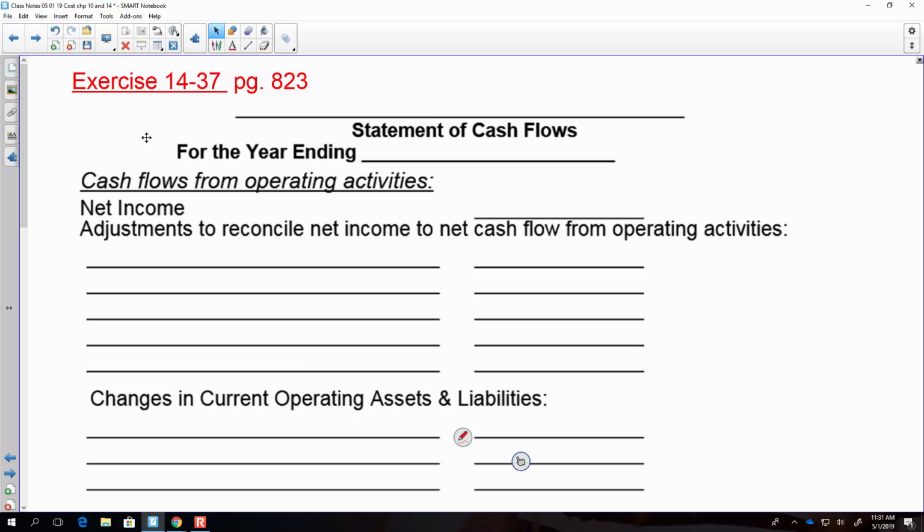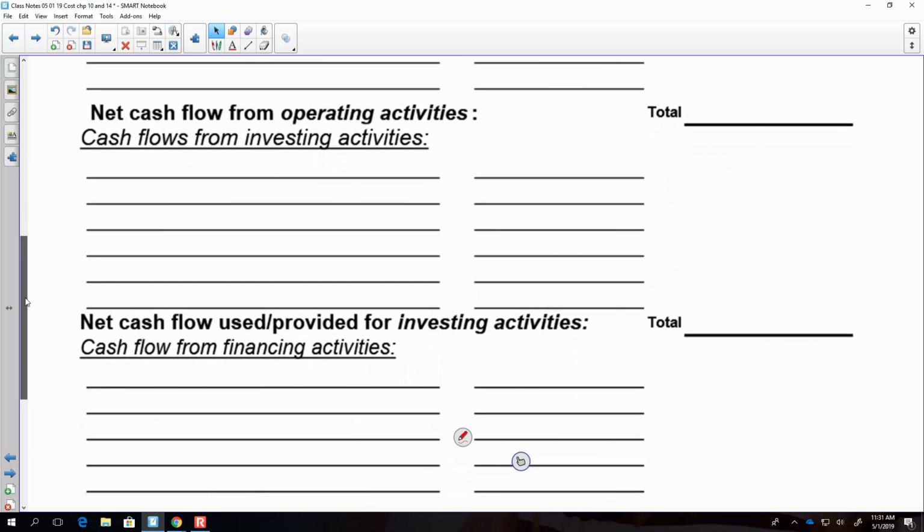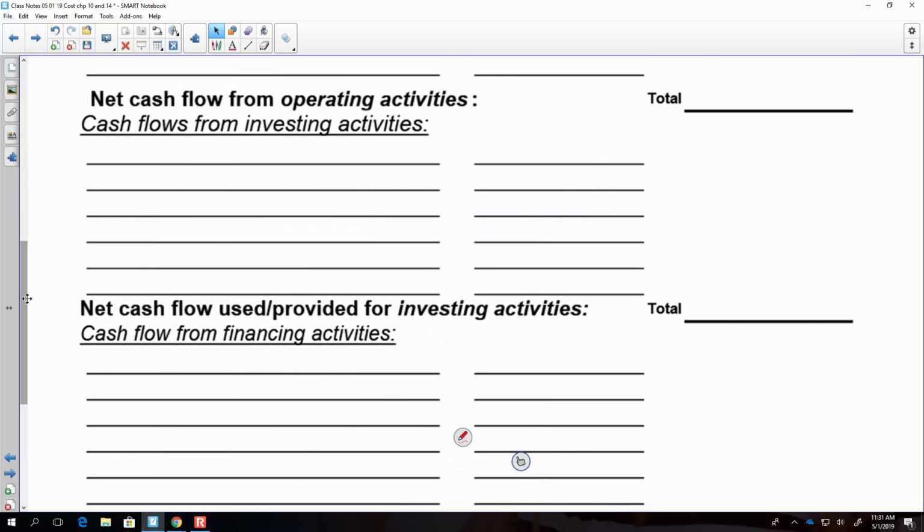Yeah, 37. What we're required to do is prepare the net cash from investing activities section. So we're only looking at the middle, right? The middle part of our template. Cash flow from investing activities here.